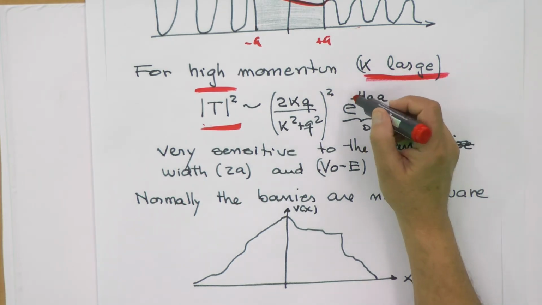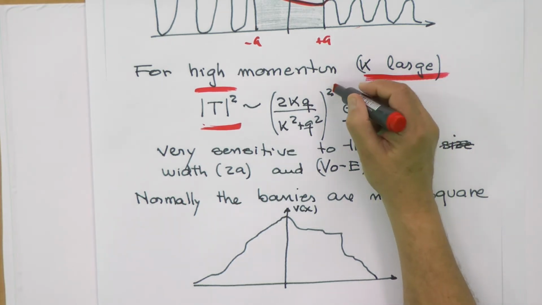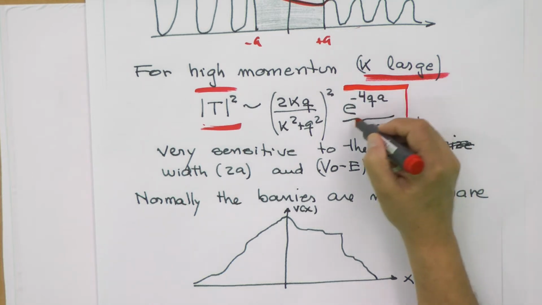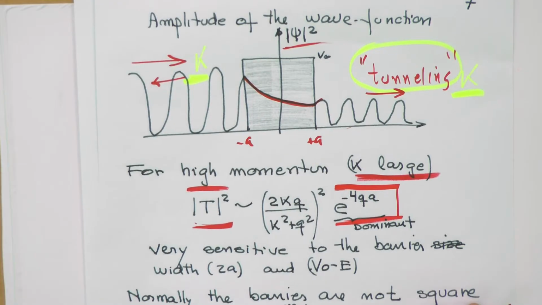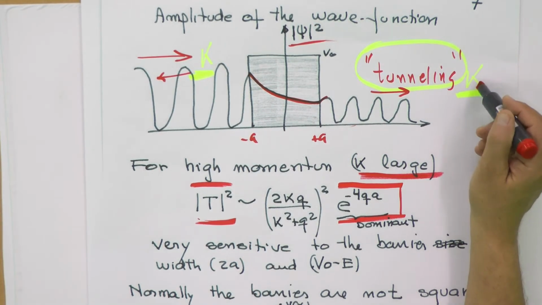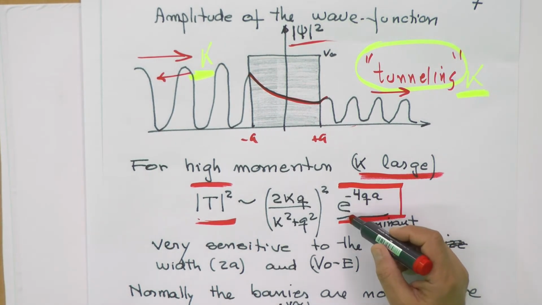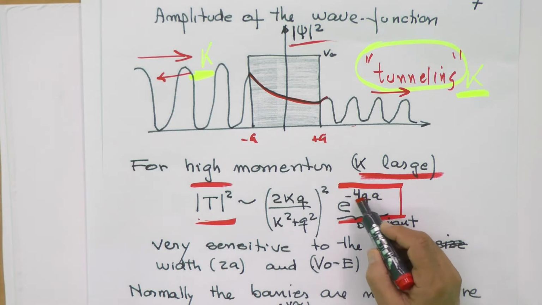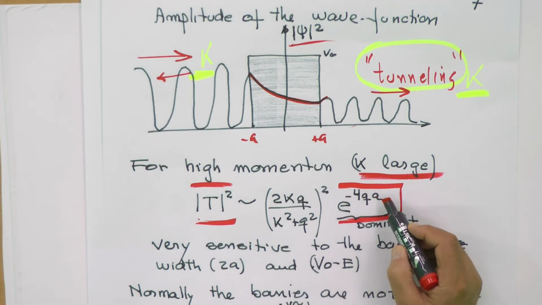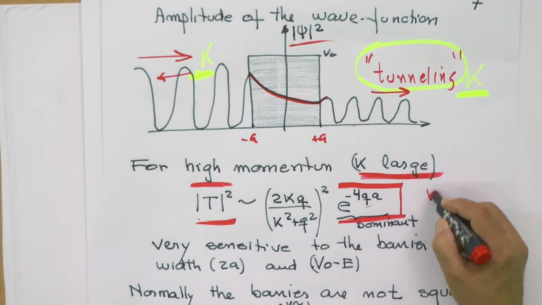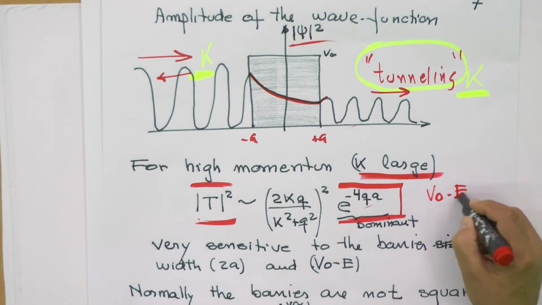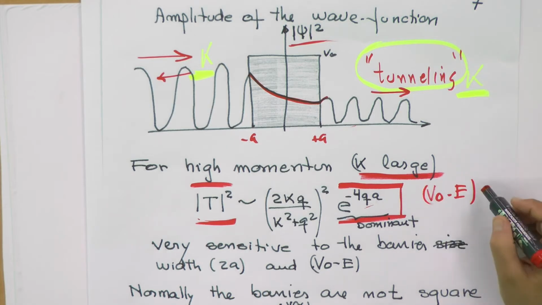So actually, in this case, the tunneling probability, the survival of the particle on the other side, is given by the exponential of minus 4qa. And q, you remember, is the square root of V0 minus E, times a constant, right?